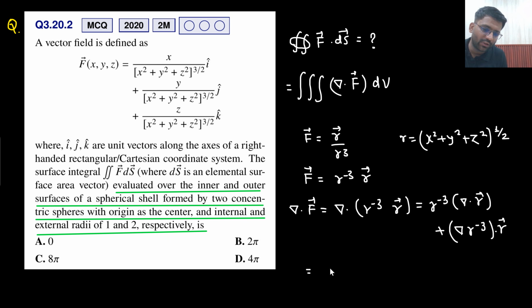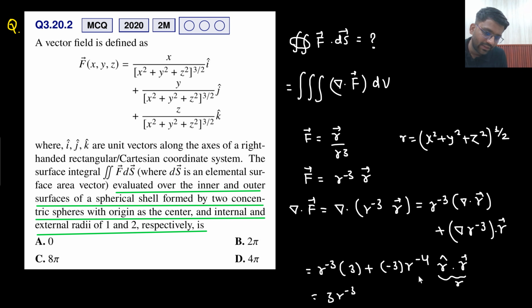So you will get r to the power minus 3 multiplied by del dot r, which would be 3, plus r to the power minus 3, so minus 3 comes outside, r to the power minus 4 r cap dot vector r. Now r cap dot vector r represents r only. So you will get 3 r to the power minus 3 minus 3 r to the power minus 3. What is the answer you are getting? 0. So del dot f you are getting to be 0 only.